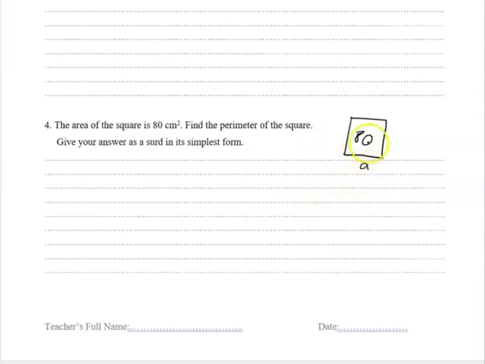So A times A gives us 80. So we're going to write down A times A equals 80. So A times A is A squared. That's going to equal 80. Now the square root of A squared is going to give us A. So we're going to square root one side and we square root the other side.